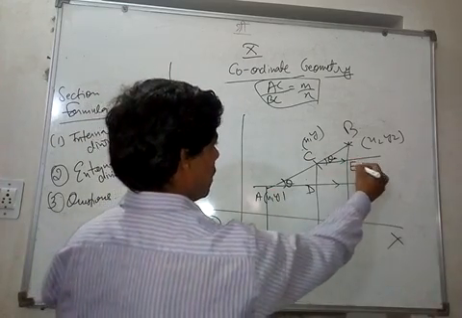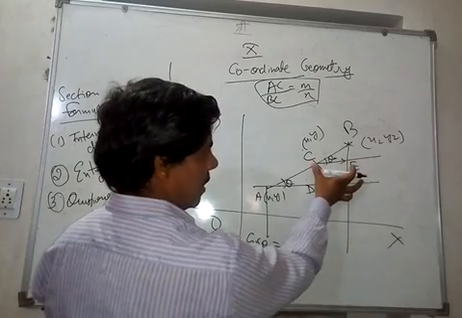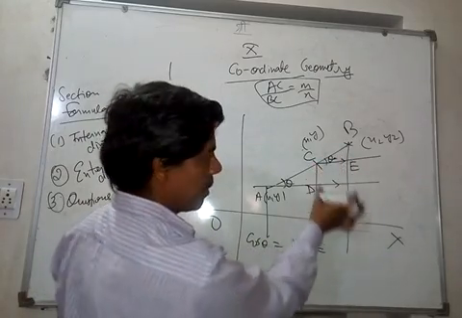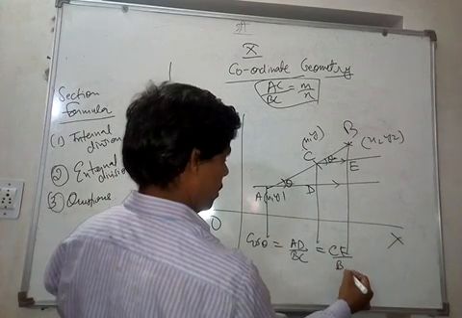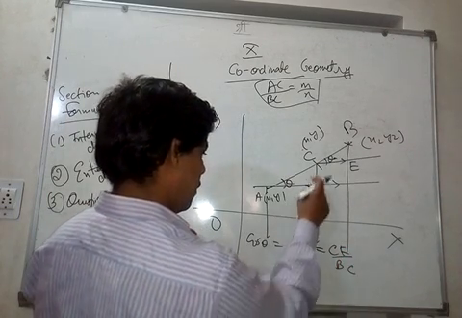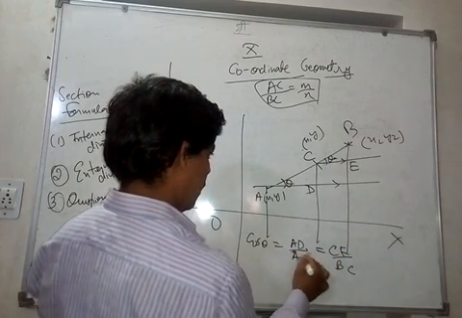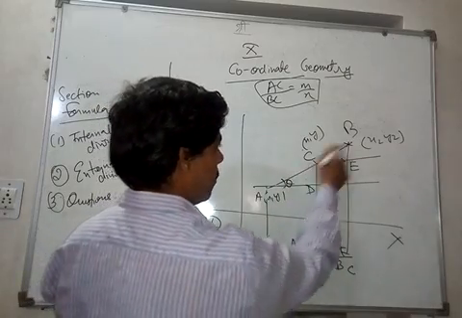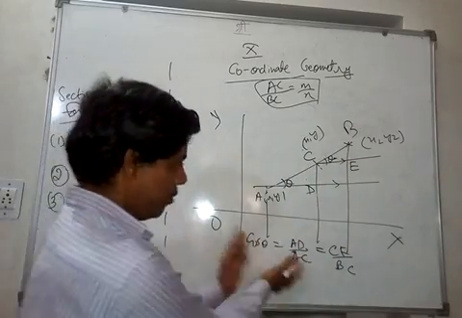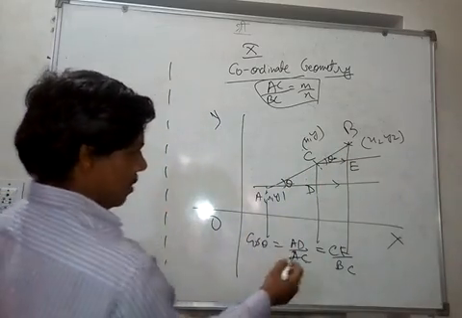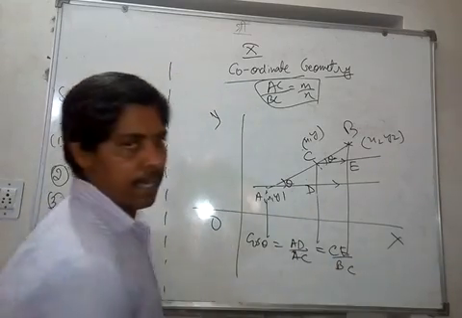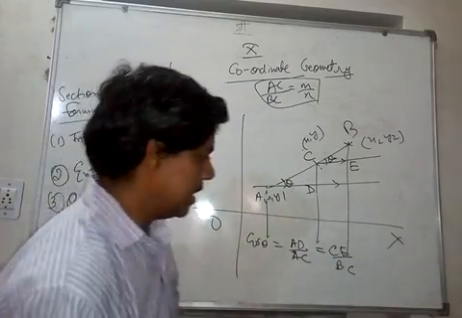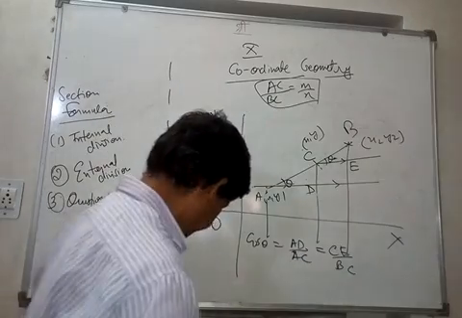And suppose this is E, then cos theta, again theta is same, so CE upon BC, right? This is AD upon AC, and CE upon BC. Now just remove cos theta. What you will get? AD upon AC is equal to CE upon BC, right?